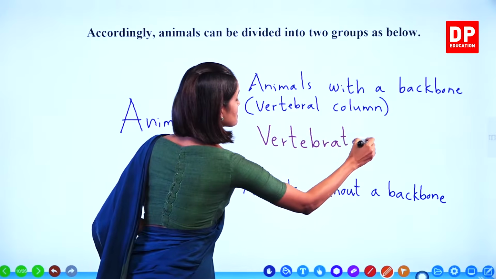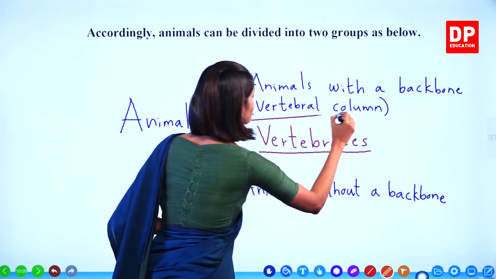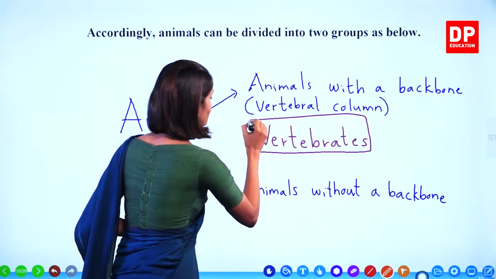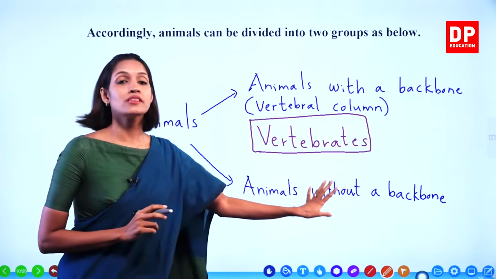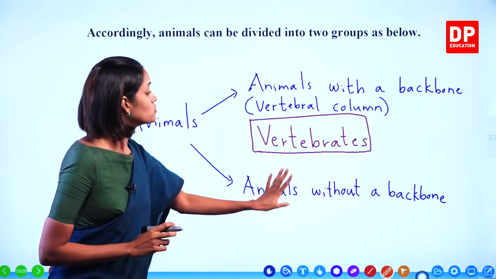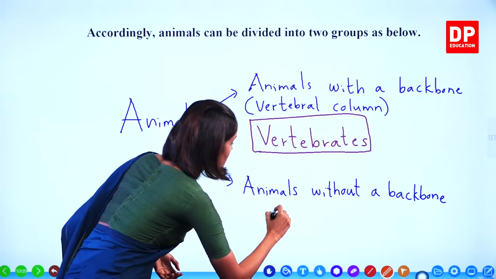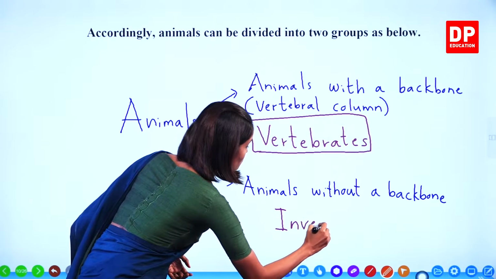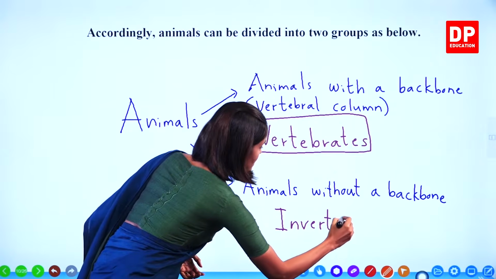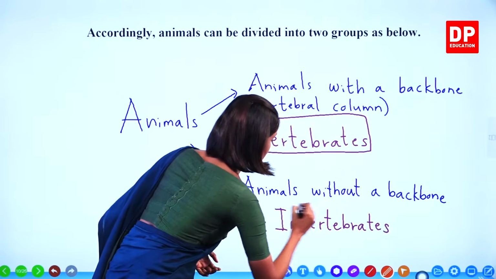Vertebrates are the animals with a backbone. So what about the animals without a backbone? They are known as invertebrates. Okay? Invertebrates.